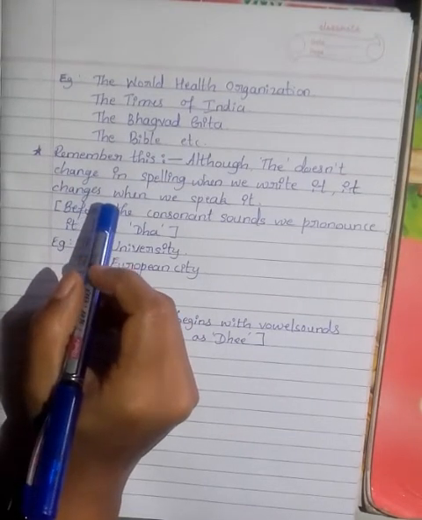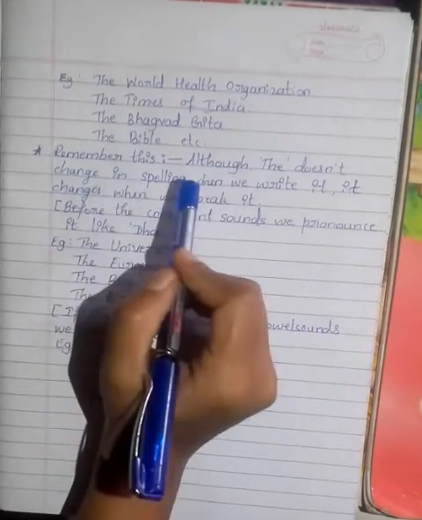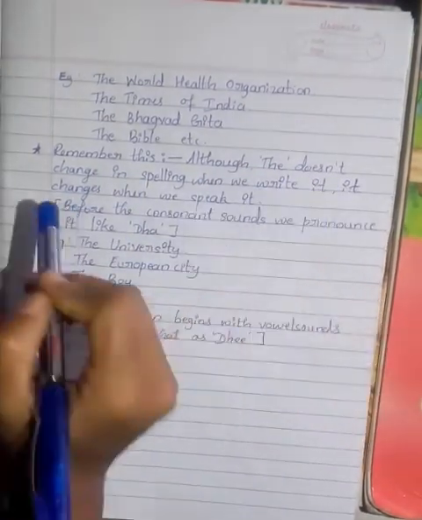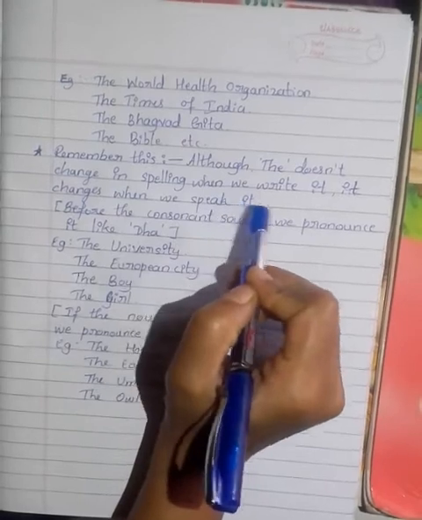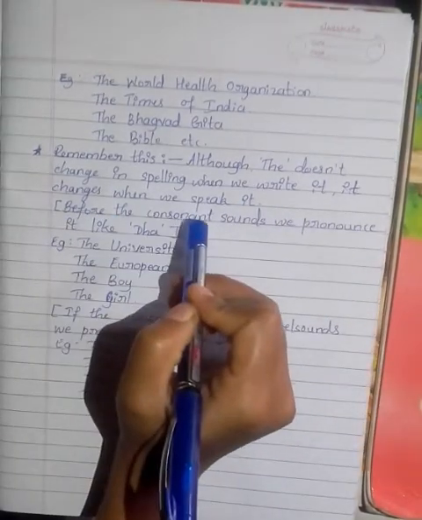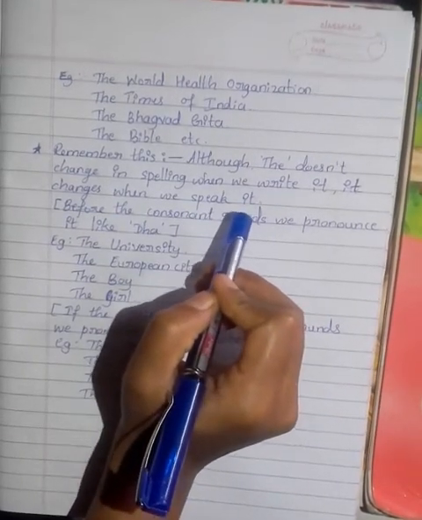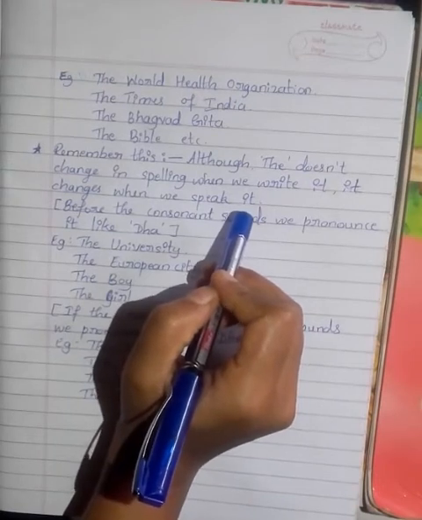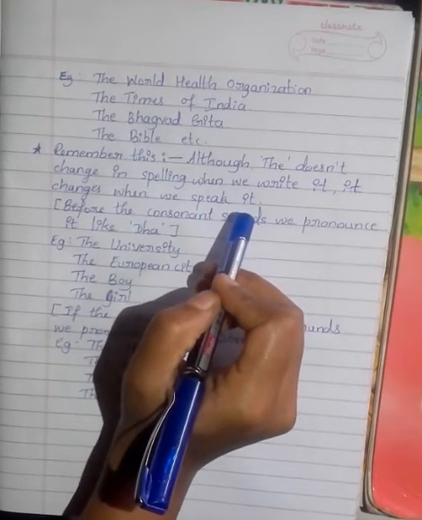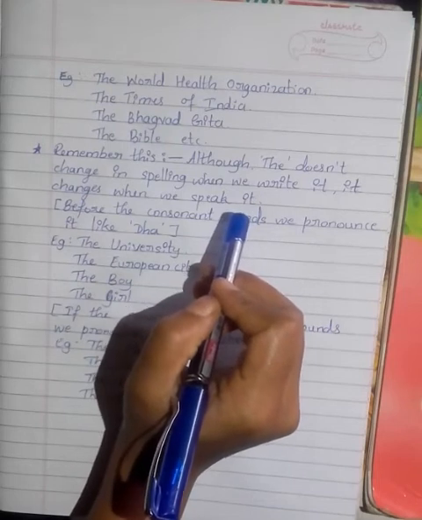One more thing is there about definite articles, students. Remember this. Although the doesn't change in spelling when we write it, it changes when we speak it, students. Sometimes we will use one pronunciation, and sometimes some people will use another. Why do we use it like that?